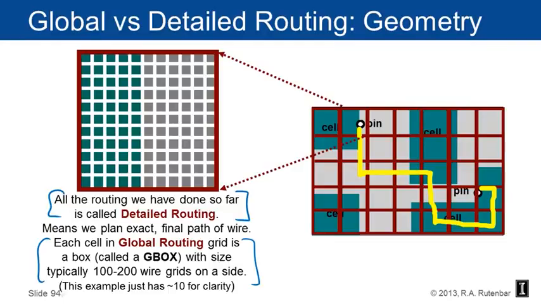Those things have a name. They're often called G-boxes. Okay, so that's a G-box. A G-box is a grid in a global router whose size is perhaps 100 wires by 100 wires, 200 wires by 200 wires, could even be bigger. And the idea is we're just going to do a sort of a large-scale plan for where the wires want to go.